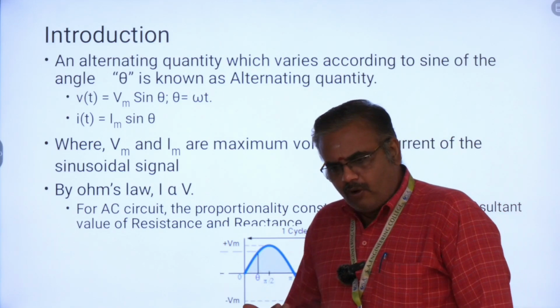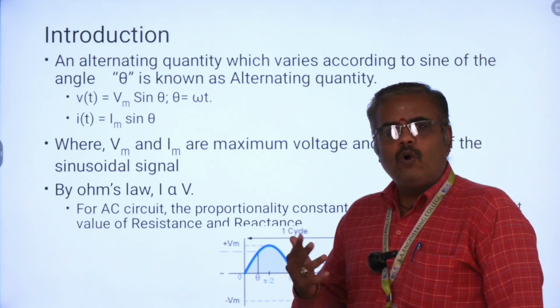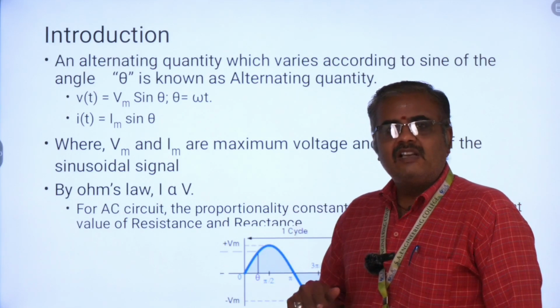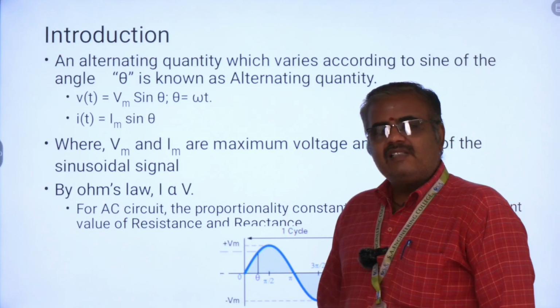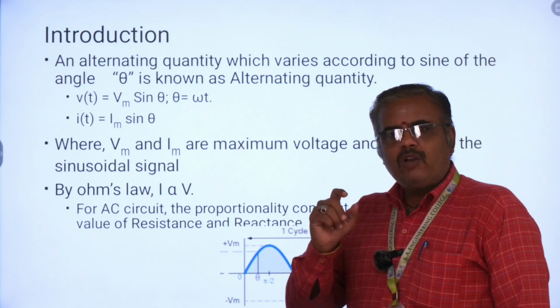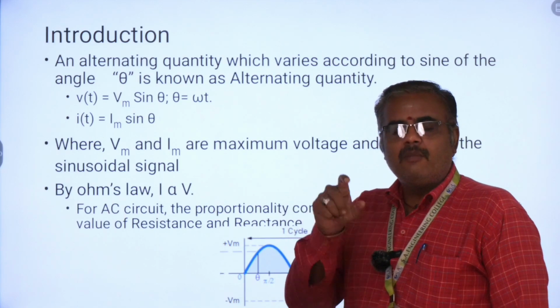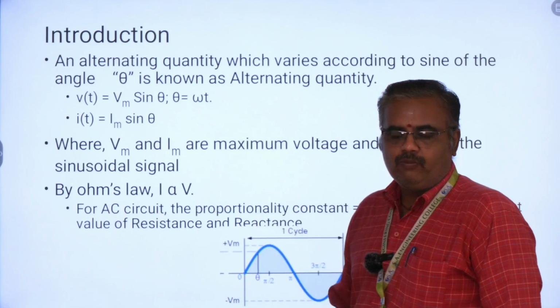Now when we talk about the interrelationship between the voltage and current, there is a factor called phase angle. What is this phase angle? It is how the voltage and current are interrelated to each other based upon this phase angle value.